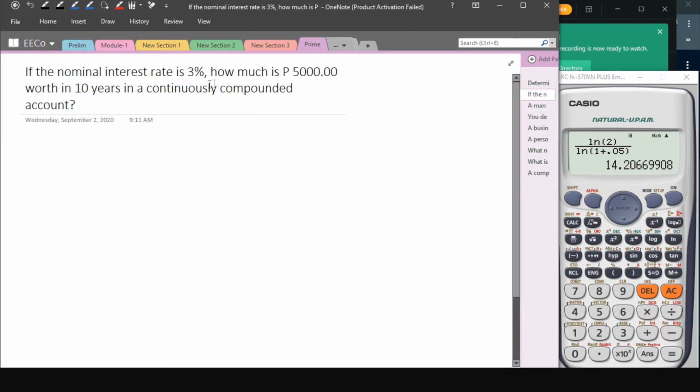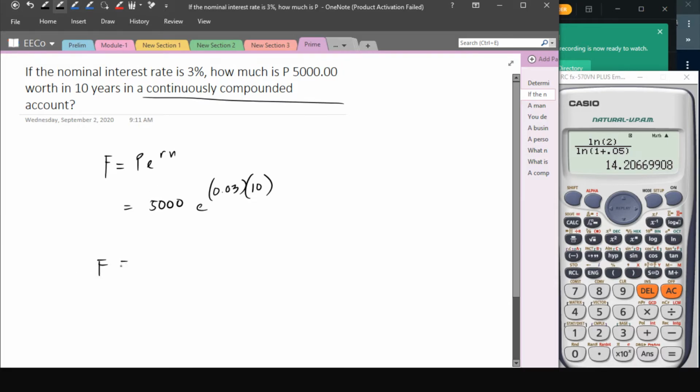Next one. If the nominal interest rate is 3%, how much is 5,000 worth in 10 years in continuously compounded account? Nominal interest rate is 3%. Automatic na yan. So, that will be F is equal to P e raised to rt. So, principal is 5,000, e raised to r, r is 0.03 in 10 years. Continuously compounded account.